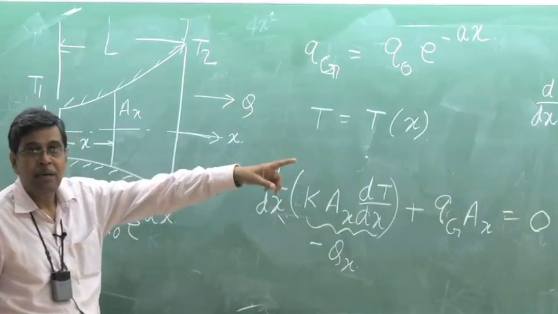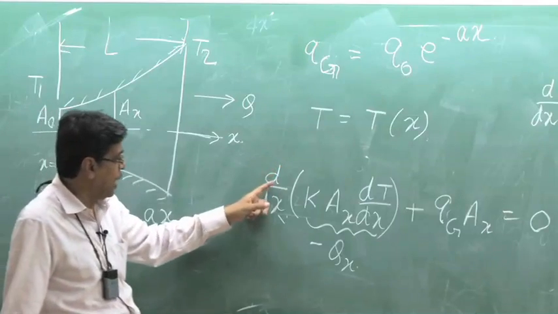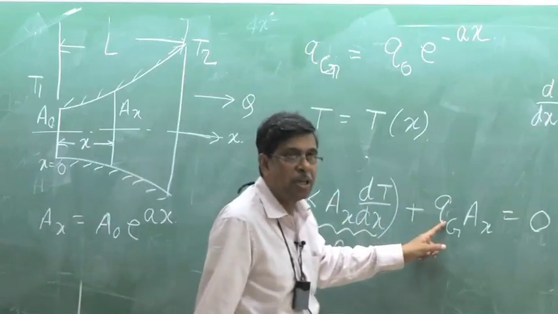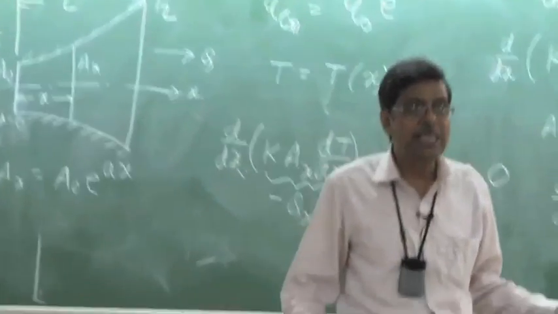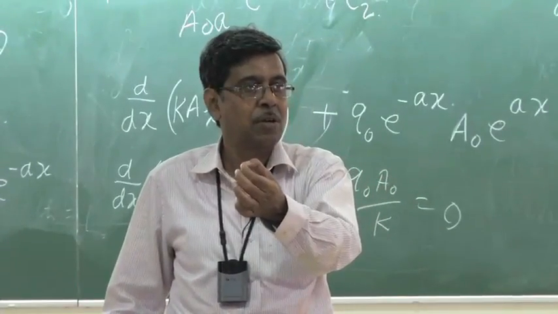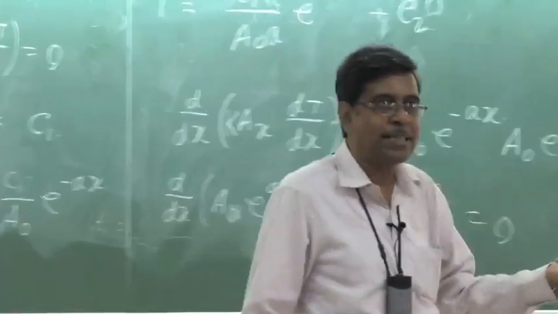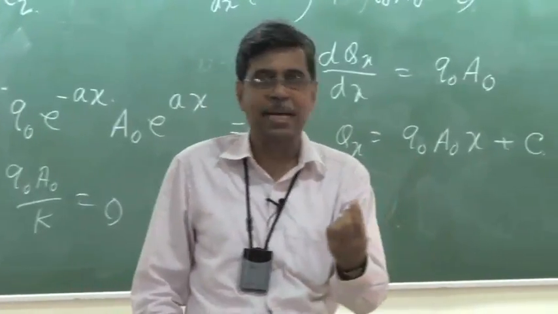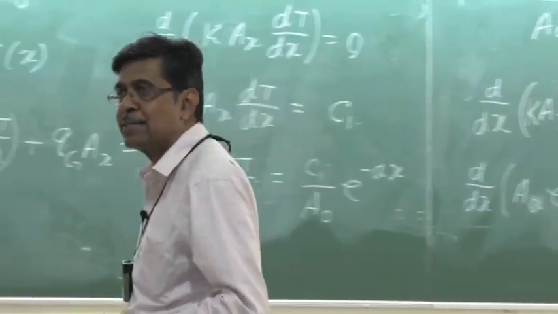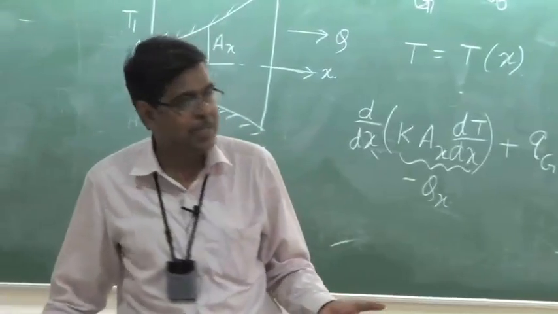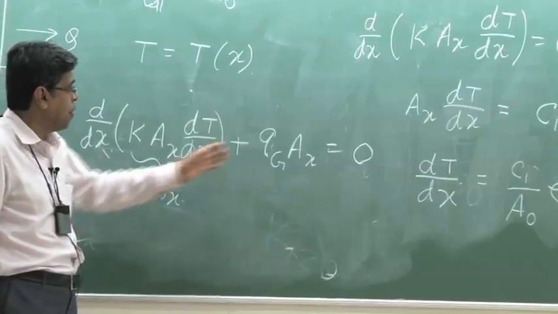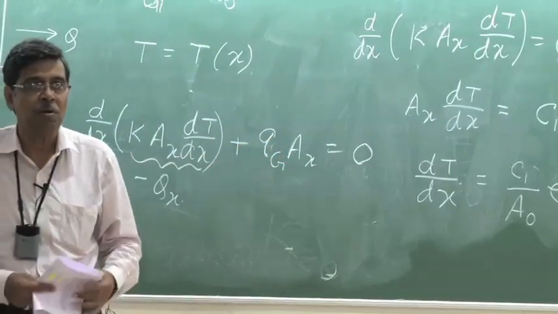If you have to find out the heat flux distribution, you write ddx of minus Qx, that means minus dQx/dx plus Qg Ax is 0, which is the first line after derivation. Qx plus delta x is Qx plus Qg Ax times delta x. Delta x is cancelled because this is valid for any element of any delta x. So delta x vanishes and we get this expression: minus dQx/dx plus Qg Ax equals 0. Okay, clear?